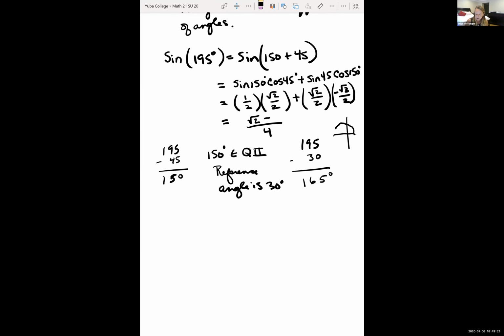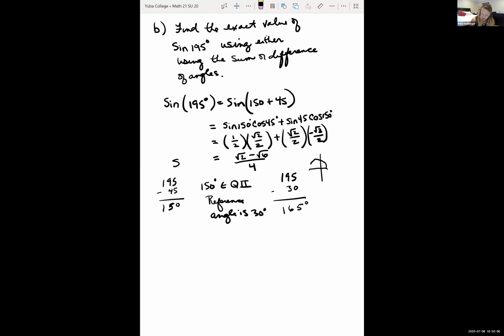And I can multiply underneath the radicals if they're both positive numbers under there, and they're the same index. And they are, so this is root 6. So another way to do it and getting the exact value, sine of 195 by the sum of two angles gives us root 2 minus root 6 over 4.